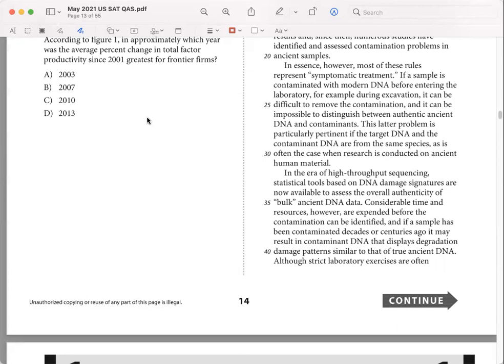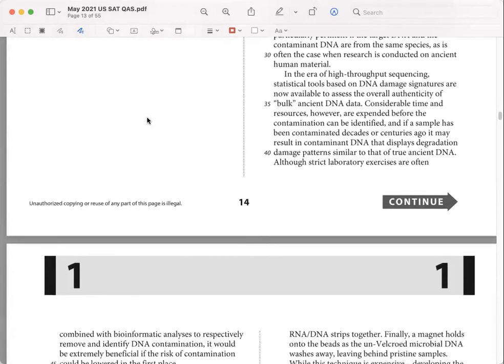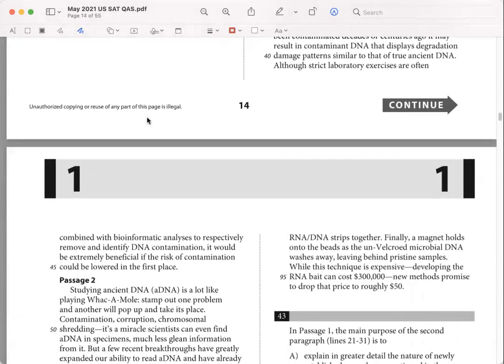And if a sample has been contaminated decades or centuries ago, it may result in contaminant DNA that displays degradation damage patterns similar to that of true ancient DNA. Although strict laboratory exercises are often combined with bioinformatic analysis to respectively remove and identify DNA contamination, it would be extremely beneficial if the risk of contamination could be lowered in the first place.